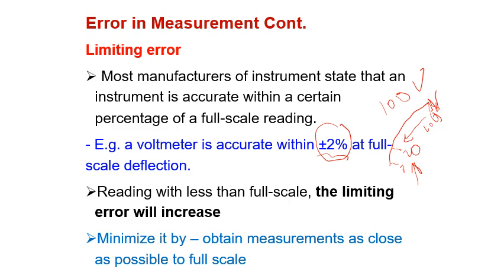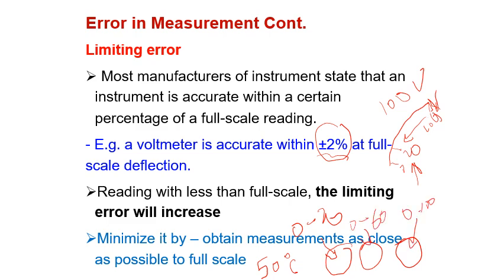For example, if the expected value is 50 degrees Celsius and I have three instruments, one with a scale from 0 to 20, one from 0 to 60, and one from 0 to 100, which one is the most suitable? The most suitable is the 0 to 60 scale, to measure 50 degrees Celsius.